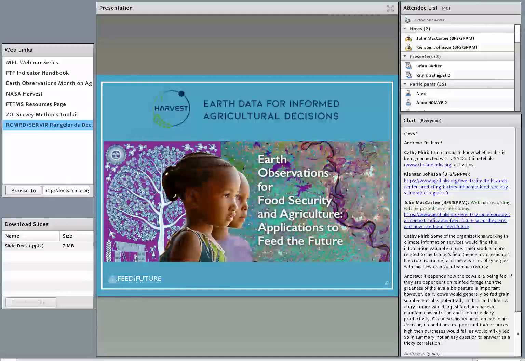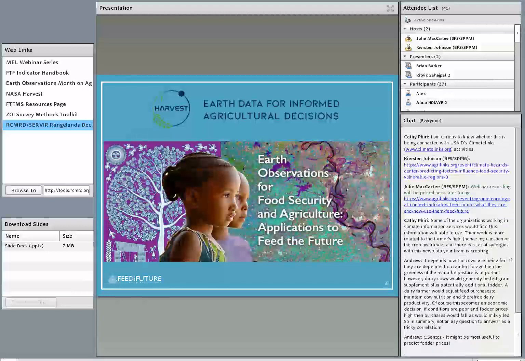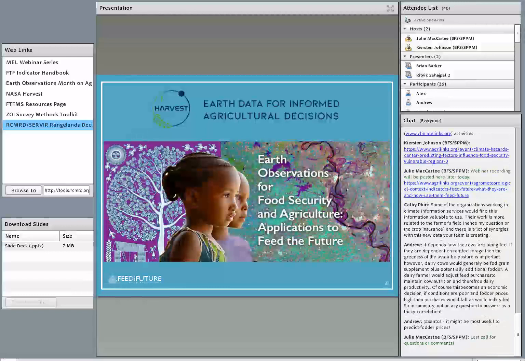So it looks like we got a response from Andrew. In response to the question about whether this information can be used to look at livestock-related concerns, he says it depends on how the cows are being fed, and if they're dependent on rain-fed forage, then the greenness of the available pasture is important. You may be able to see that in the Rangelands decision support tool that we linked to earlier.